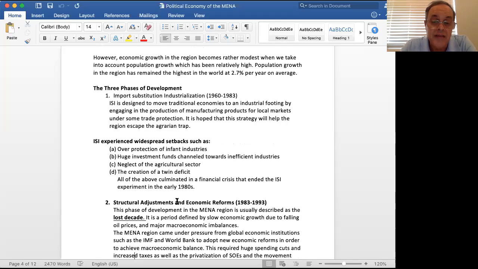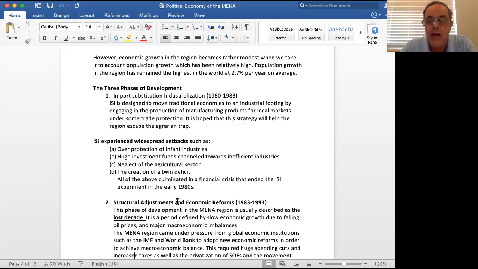That's a decade, 10 years basically. And this phase of development in the MENA is usually described as the lost decade. Why? Because it's a period that was defined by slow economic growth due to falling oil prices. That's exactly what happened during that period.